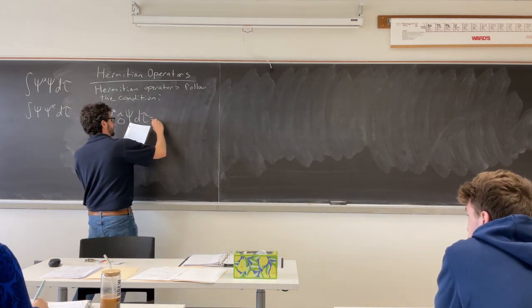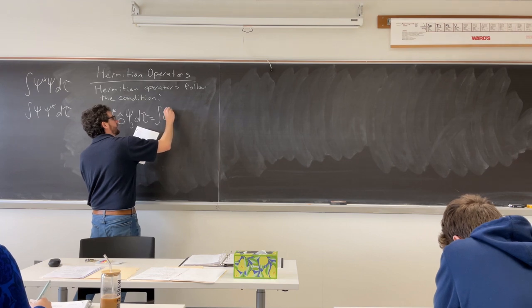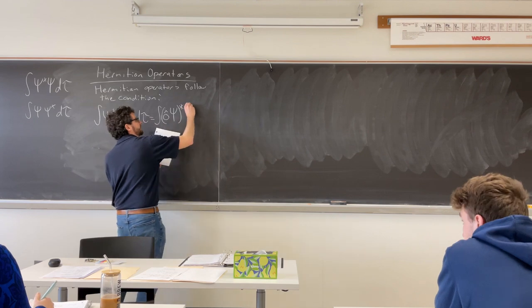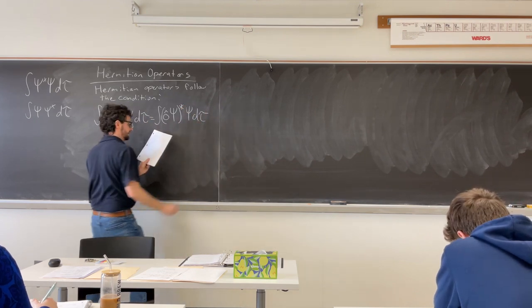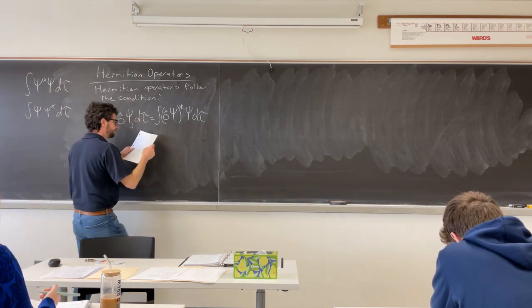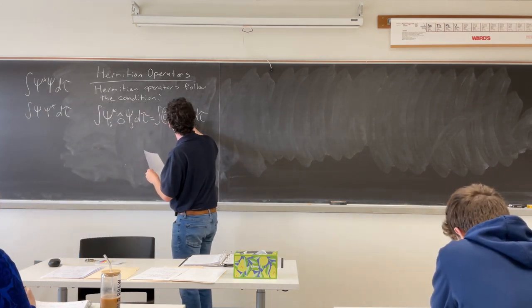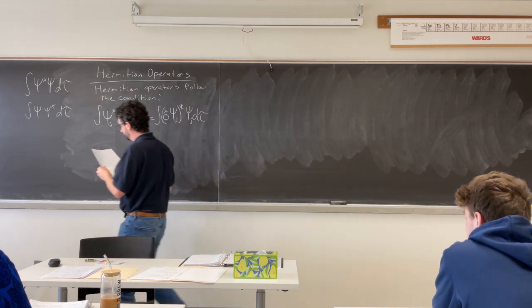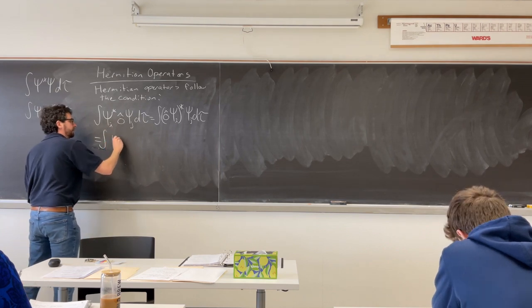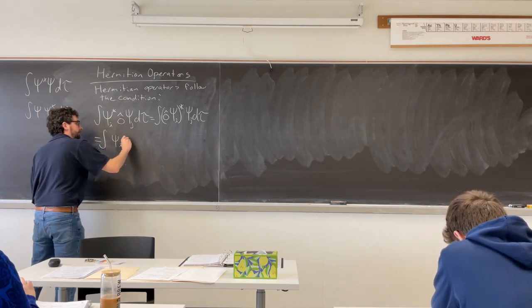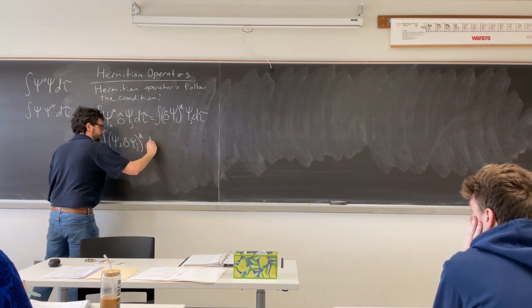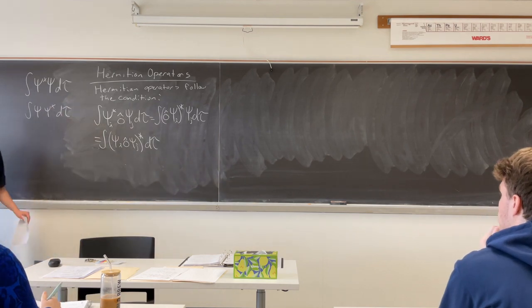That has to also be equal to O operating like that, where we take the complex conjugate, of i and j, and that also has to be true.